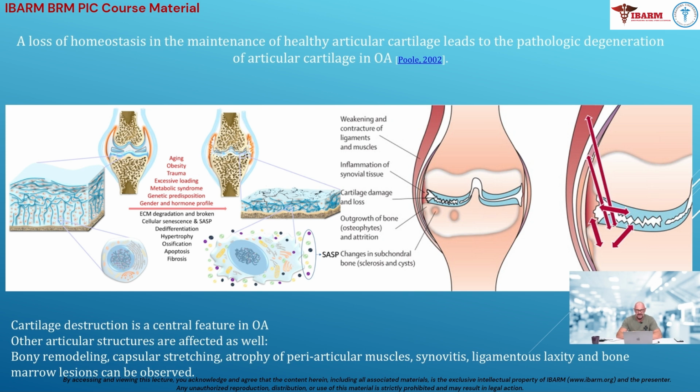And if we look at the systemic causes that contribute and make that condition worse, of course, it's aging by itself, it's obesity, the extra weight providing extra pressure, the burden on the joint, any traumas in the past, especially the traumas which are reoccurring and the traumas which have not been healed previously, excessive loading and constant persistent damage to the cartilage due to occupational hazards perhaps or physical activity.